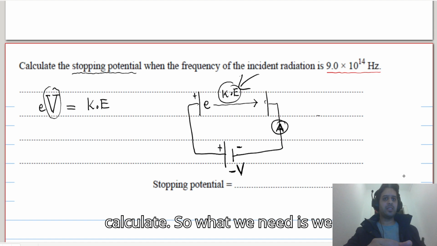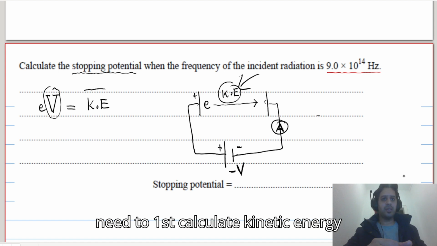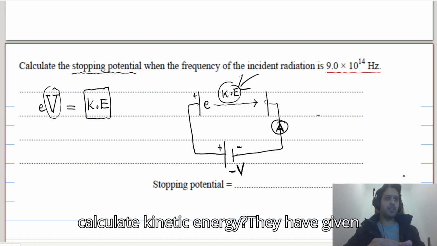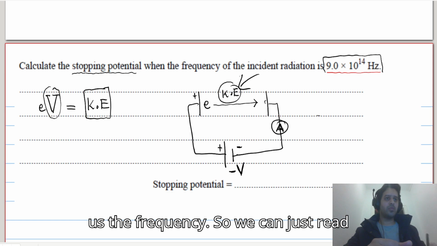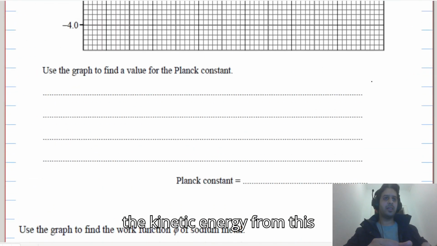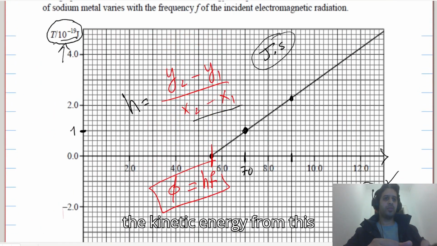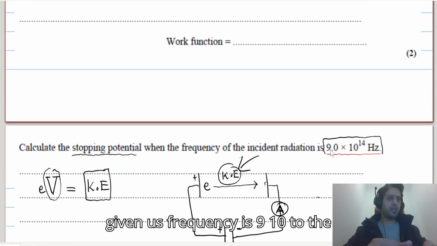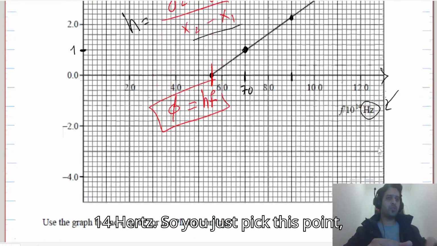So what we need is, we need to first calculate kinetic energy of the electron. How can we calculate kinetic energy? They have given us the frequency. So we can just read the kinetic energy from this graph, right? The frequency that they have given us is 9 times 10 to the 14 hertz.